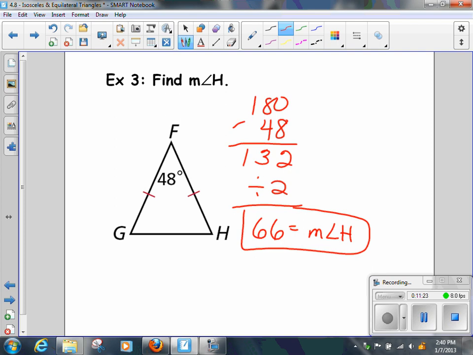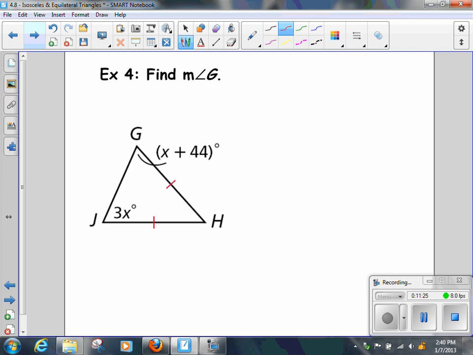All right, here's another one. Now we got algebra. Let's look at this. What's wrong with this picture? It's not turned the right way. It's sideways. So I'm going to redraw this, and I'm going to put H at the top because that's when it makes sense to me.